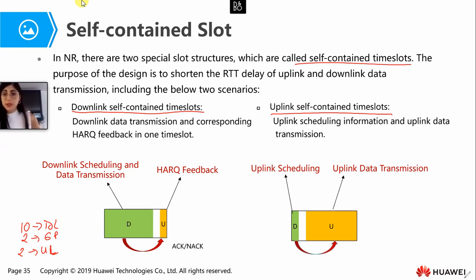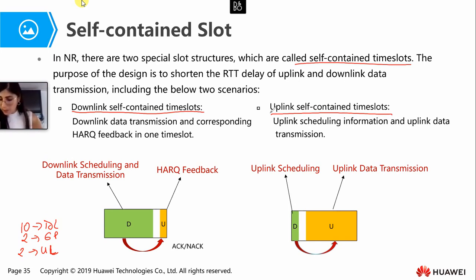So we can still reduce the latency by using the dynamic allocation of symbols. We can use the downlink symbols to transmit our downlink data, but we can use our uplink symbols to transmit some control information.